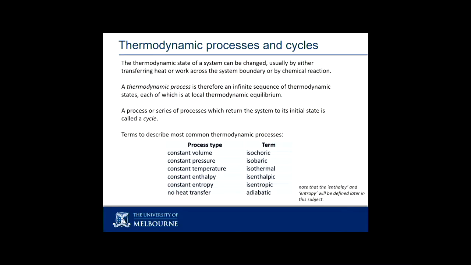A constant volume process is also called an isochoric process. Isobaric, some people have heard of, some people haven't. If you keep in mind that we measure atmospheric pressure in bar, isobaric is constant pressure.